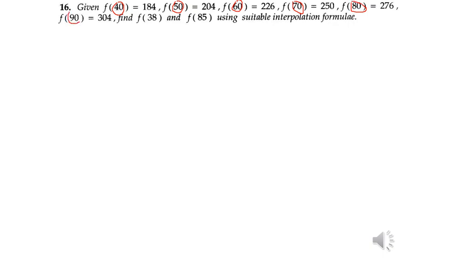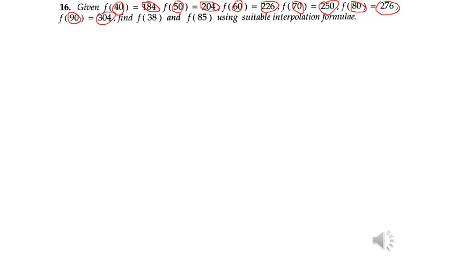These are the values of x which have to be taken in the x column in the table. And these are the values of y, that is y naught here. This will be your y1 and so on. These are the values of y which have to be taken in the y column.